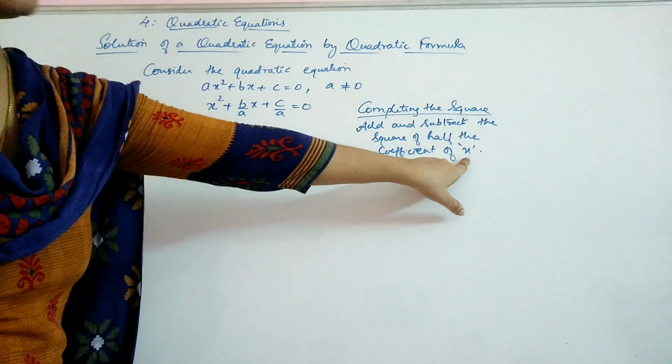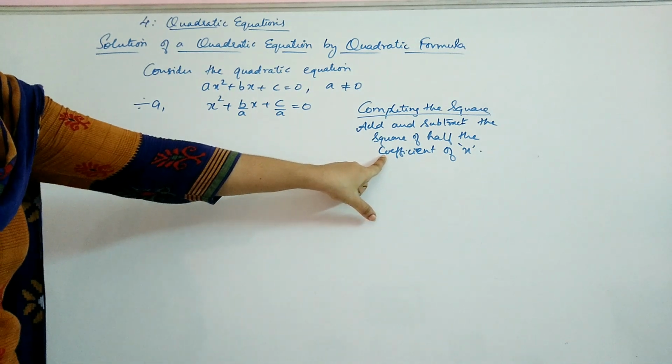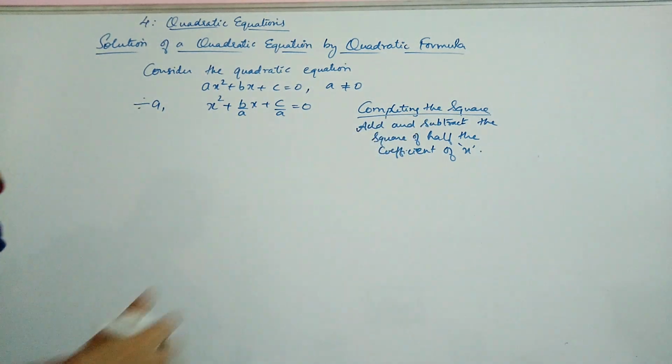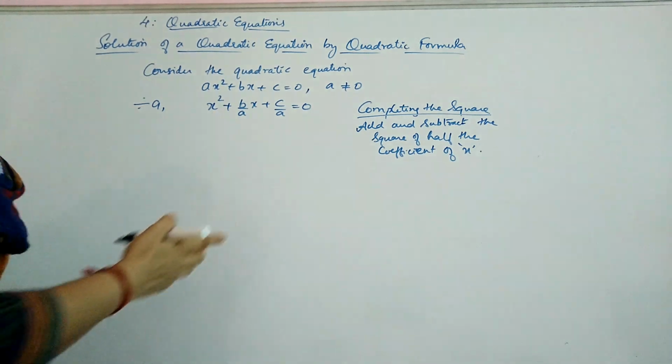You have to take the coefficient of x, take its half, then square it, and add as well as subtract. Why are we adding and subtracting? So that the equation is not changing.